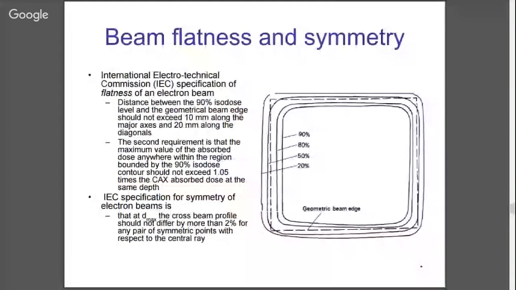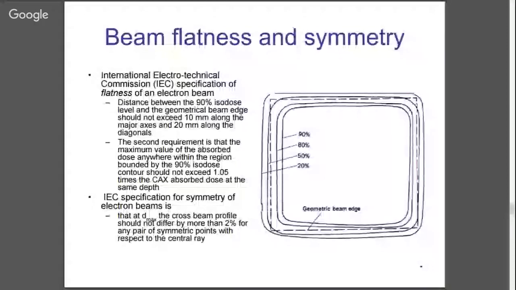What we're looking to see is that the distances between the isodose lines and the geometric beam edge shouldn't exceed certain tolerances. For example, this is the IEC specification: the distance between the 90% isodose and the geometrical beam edge shouldn't be more than 10 millimeters, so 1 centimeter along the major axes, the horizontal and vertical, and 20 millimeters along the diagonals.